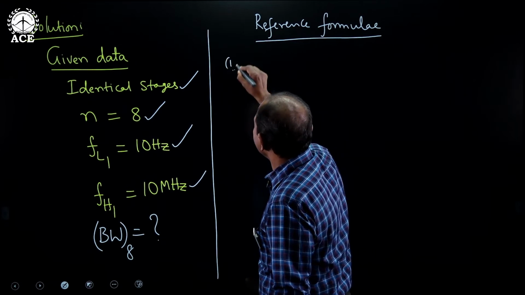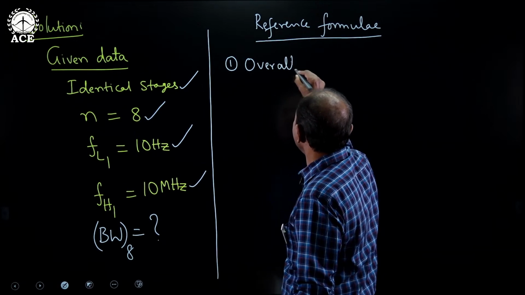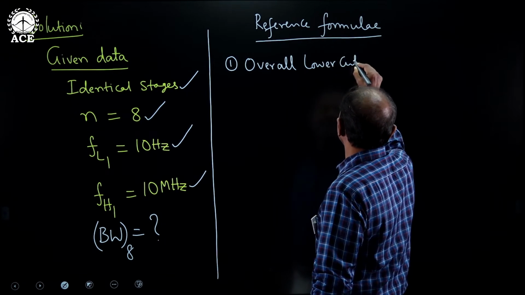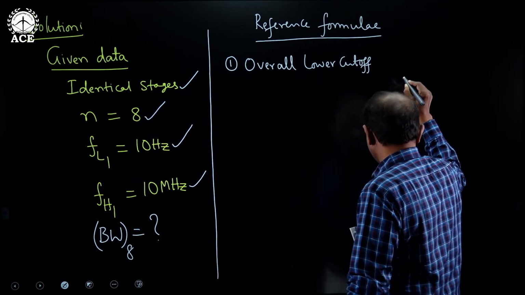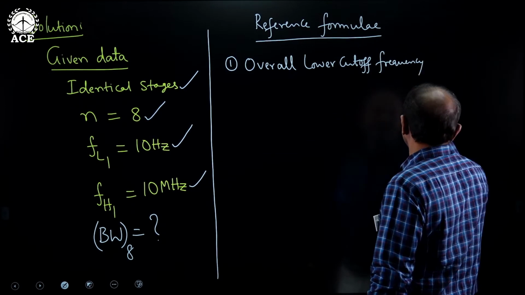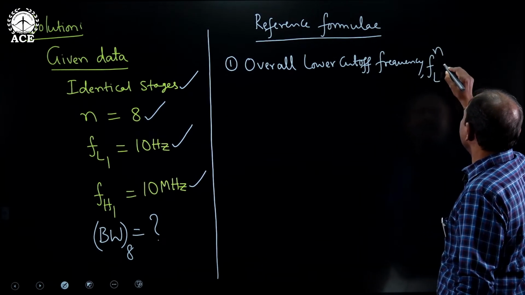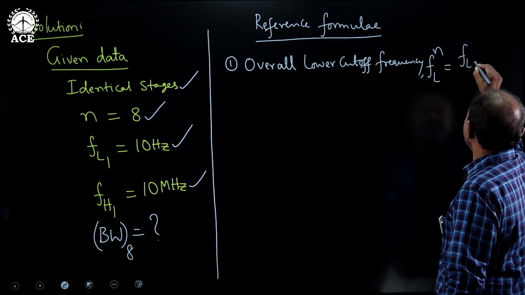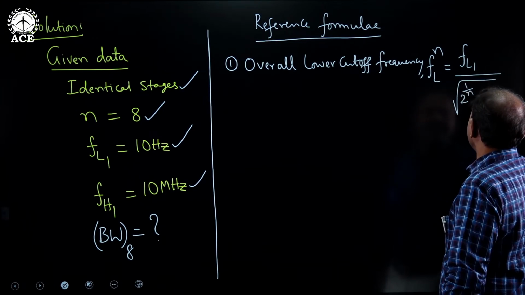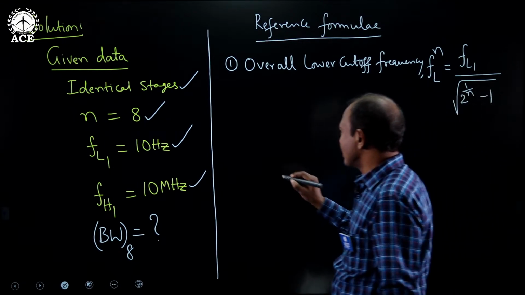The first one is the overall lower cutoff frequency of the multi-stage amplifier, popularly represented as FLn, equal to FL1 by root of 2 to the power 1 by n minus 1. This is one equation we are supposed to use.